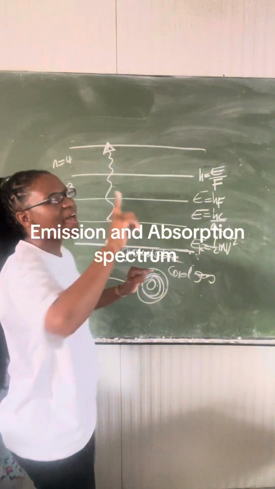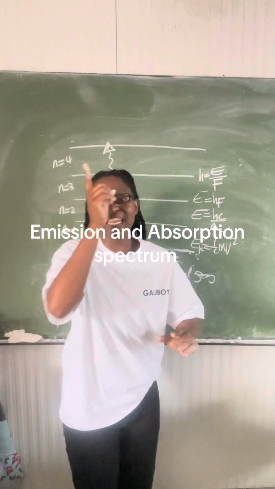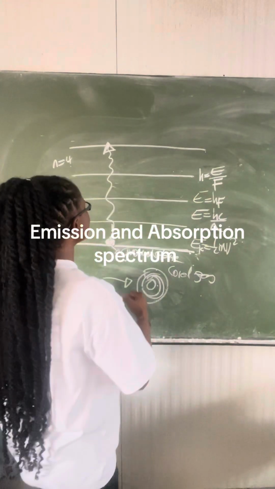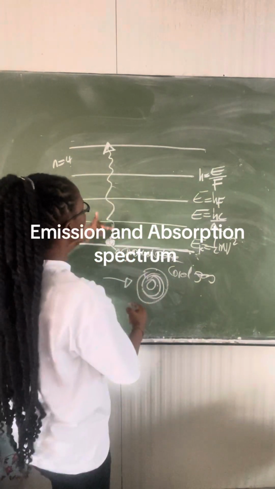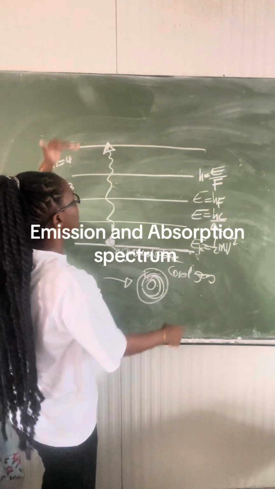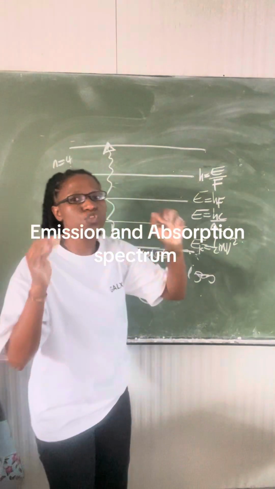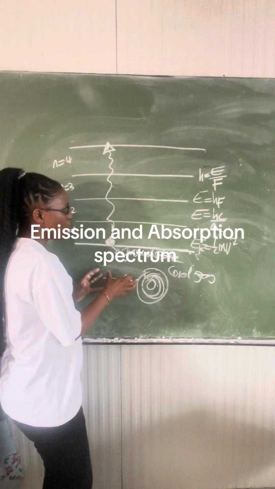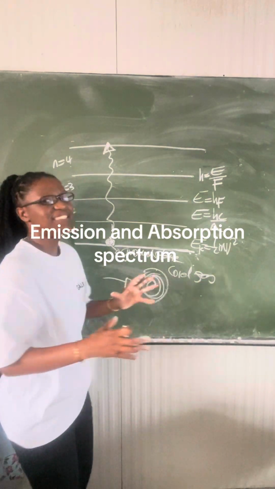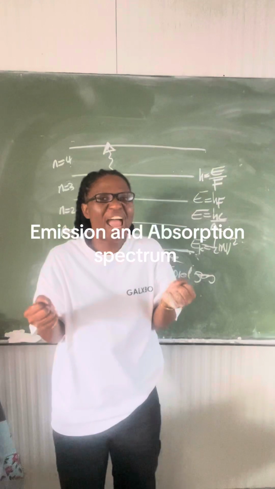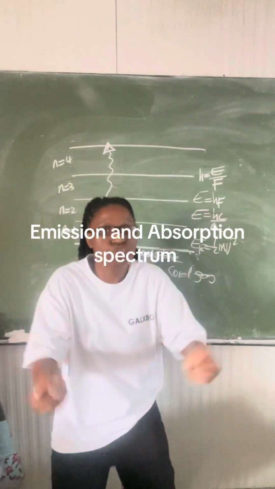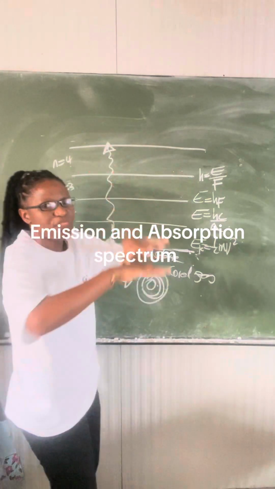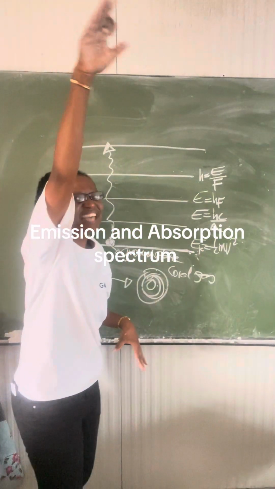As a learner, you need to know that as the electron moves from the ground state, the lowest energy level, to the highest energy level, the absorption spectrum occurs, because when light strikes the cold gas, the electrons absorb energy so that they can jump from the ground state to the highest energy level.